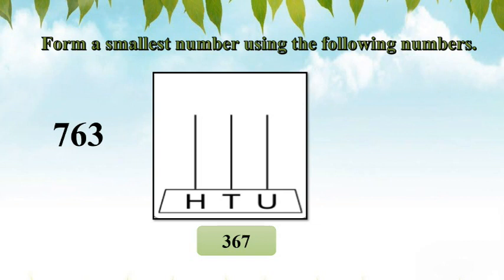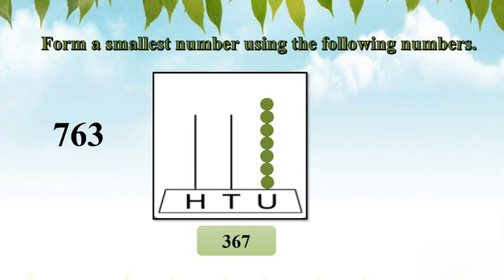So how can you draw beads using this spike abacus? Yes, we have to start from units. In units, how many are there? Yes, we have to draw 7 beads in unit spike: 1, 2, 3, 4, 5, 6 and 7.